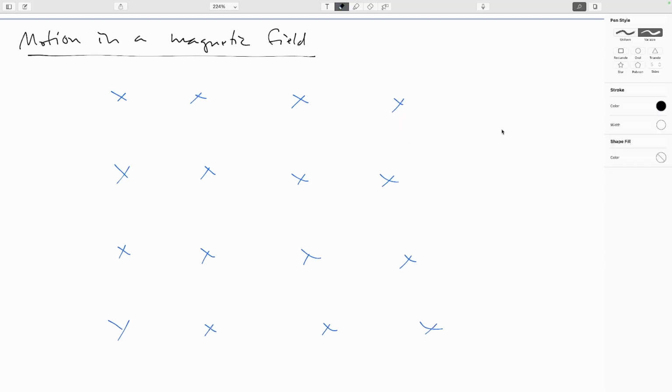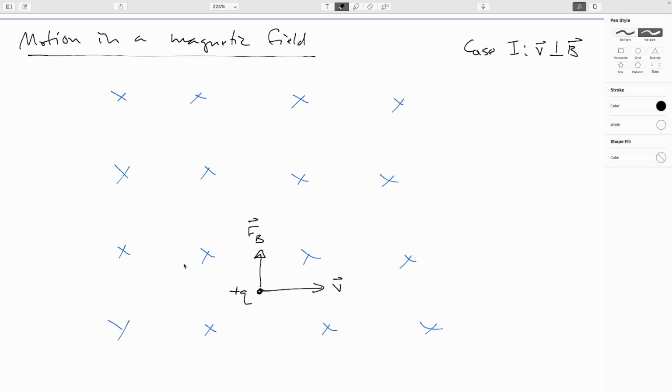Now this first case that we're going to be taking a look at is when the velocity is perpendicular to the magnetic field. So in that case, we worked out that if this is a positively charged particle, say moving to the right like so, the magnetic force is perpendicular.